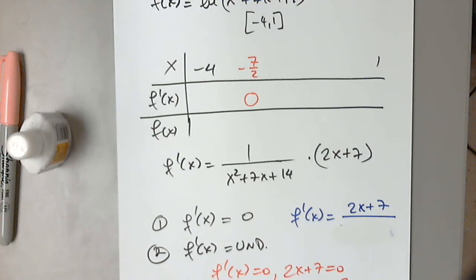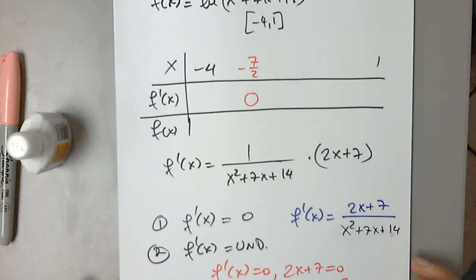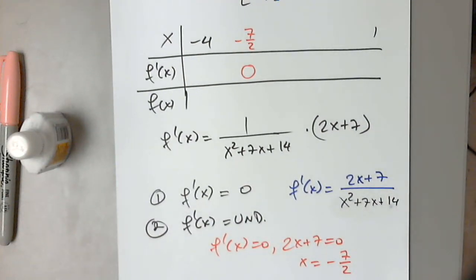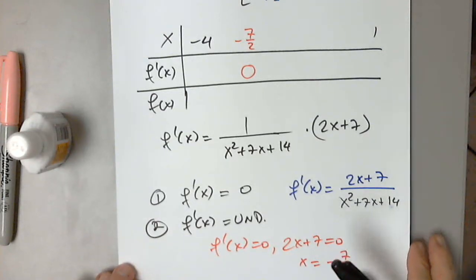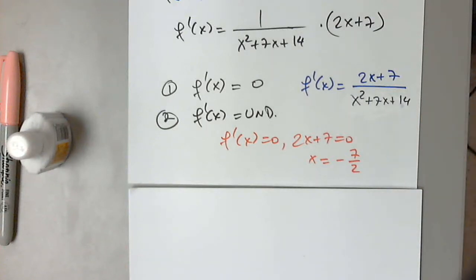Now, the function in the denominator, x squared plus 7x plus 14, is only positive. If you try to find the solutions for the denominator with the quadratic formula, you will see it has imaginary solutions. Since the leading coefficient is positive, it will always be positive.